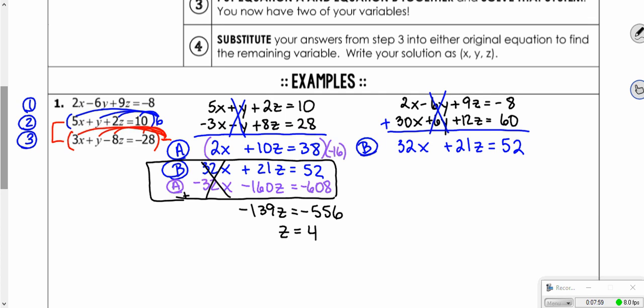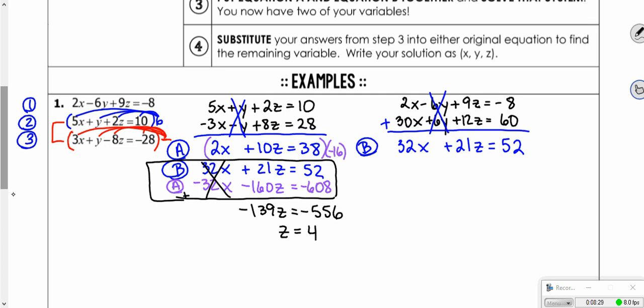Now, if we divide off the negative 139, that gives us z is 4. Now, all we have to do is back solve, is kind of what they call it. So if you look at step 4 from up above, it says substitute your answers from step 3 into either original equation to find the remaining variables.